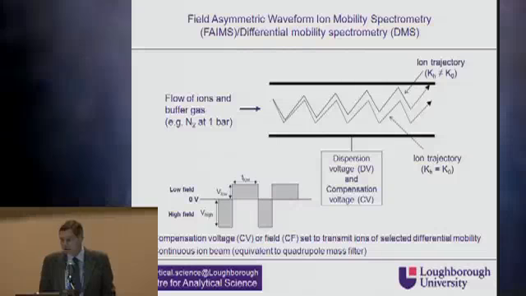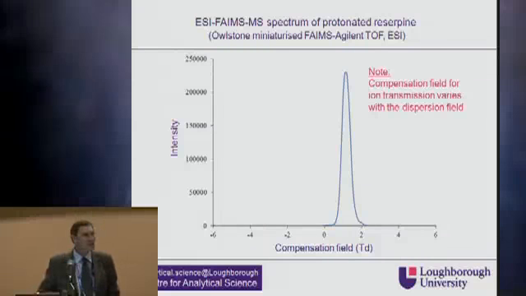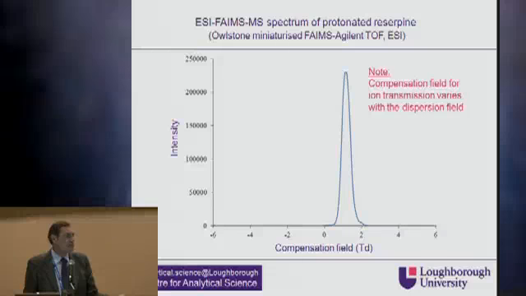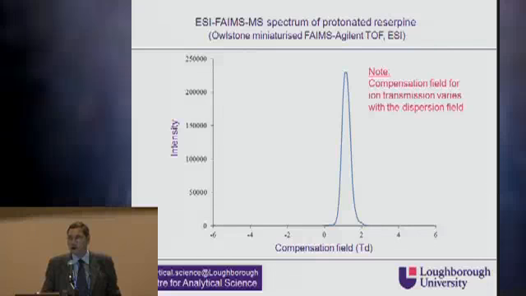And so a field asymmetric waveform ion mobility spectrum is going to be a plot of the compensation voltage or field down here against the intensity of the ions reaching the detector. And in the case of this example, this is protonated reserpine generated by electrospray ionization.